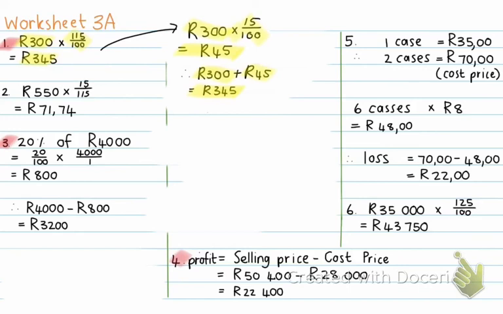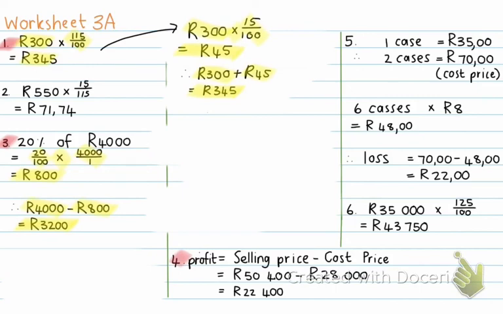How much discount will I get? So 20%, I write 20 over 100. Of means multiply, and 4,000 you can put over 1. And that gives me a total of 800 Rand discount. So then the calculator will cost me 4,000 Rand, which was the original price, minus the discount. It will cost me 3,200 Rand.